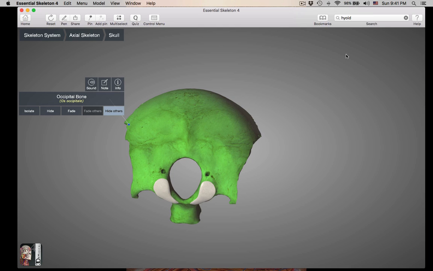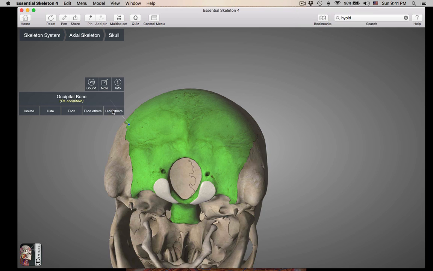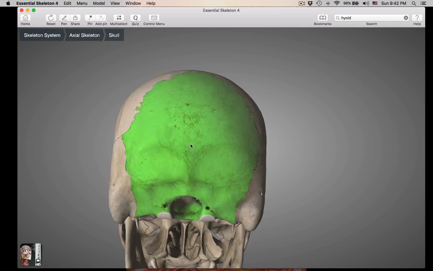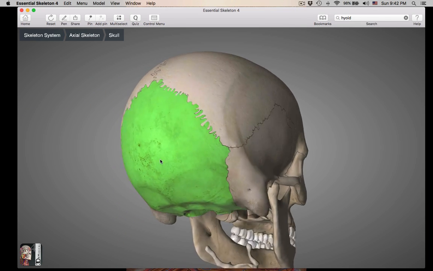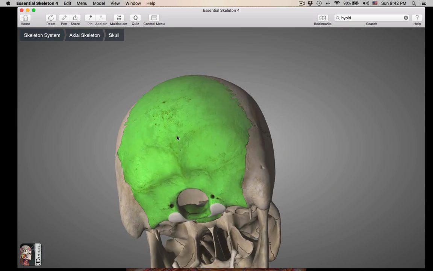This is covered with articular cartilage because it's going to be articulating with another bone. It's going to be C1, the first cervical vertebra that we have. So here are your occipital condyles. So that is your occipital bone.